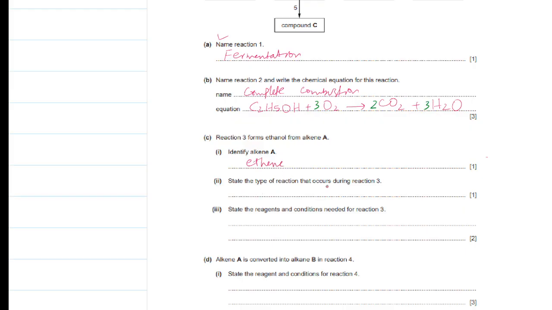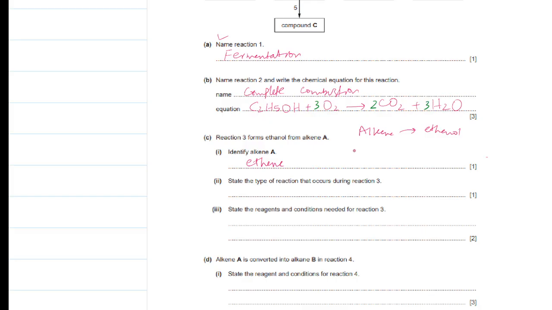Now the type of the reaction that occurs during reaction 3. In reaction 3, alkene is converted into ethanol. So whenever the alkene is converted to ethanol, that is called the addition reaction of the alkene, in which that is a hydration reaction.